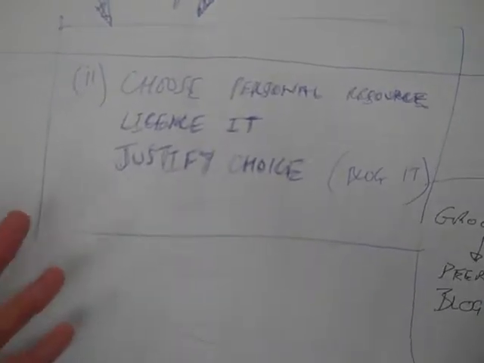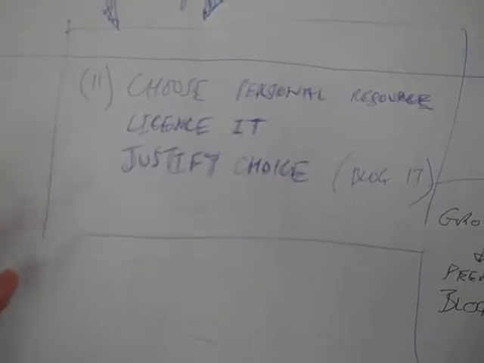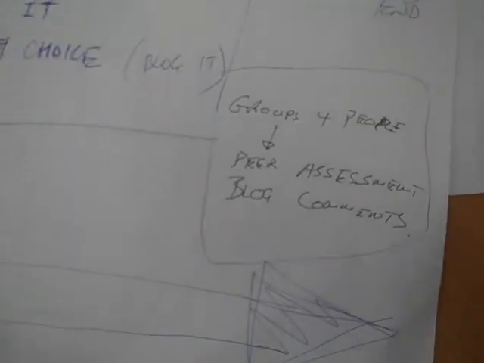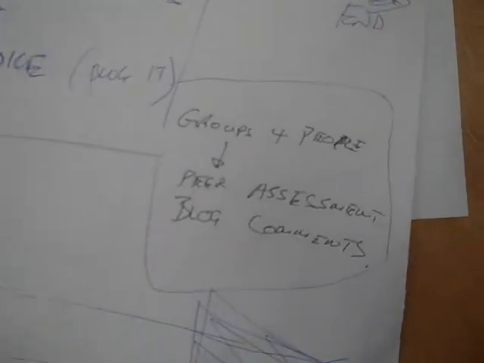Justify that choice, for example, we could get them to blog it, so that other people could then comment on that choice. Obviously, given that they Creative Commons it, they can upload it somewhere. People can have a look at each other's resources, and the Creative Commons license that they've chosen to use and why.